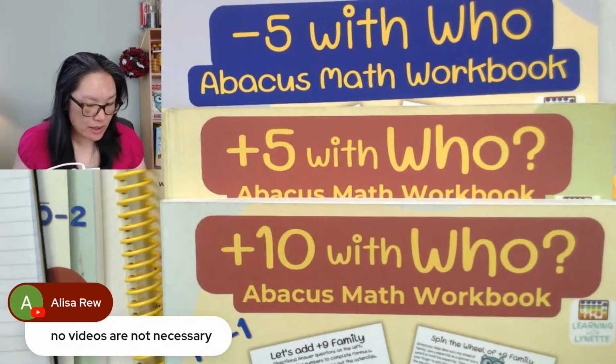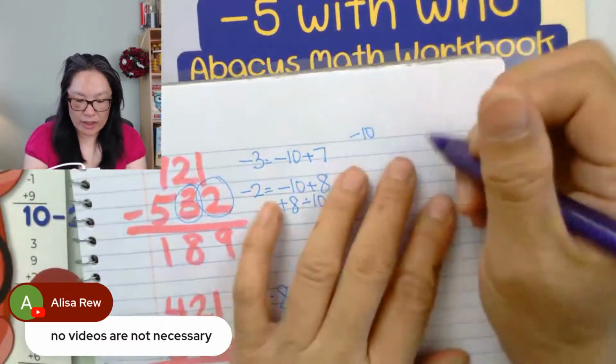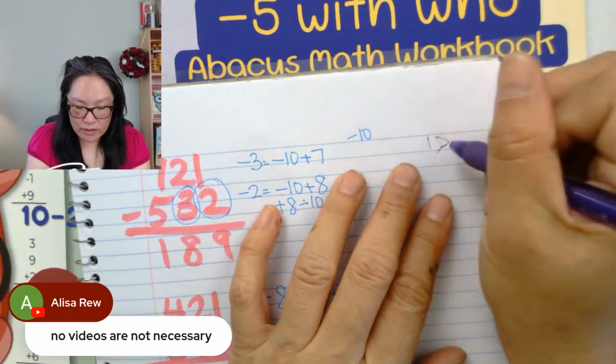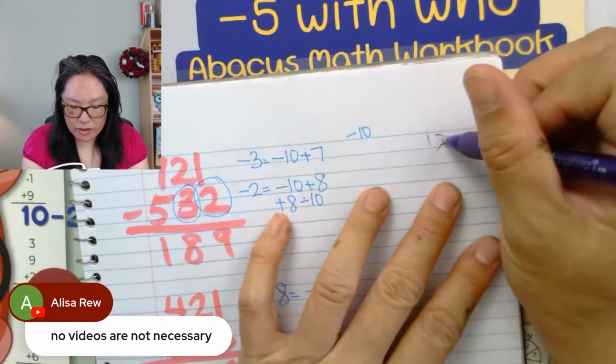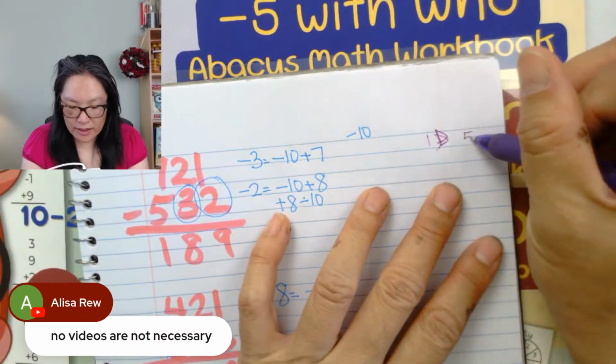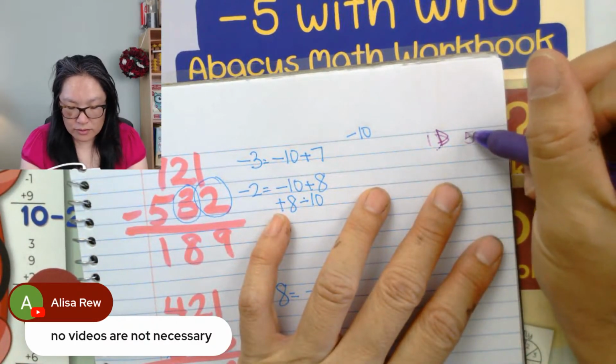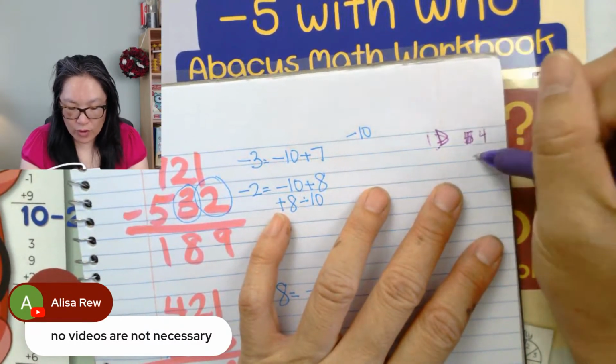So it will be one digit, one digit, right? Which means four plus one.